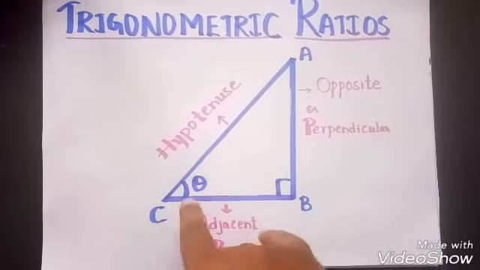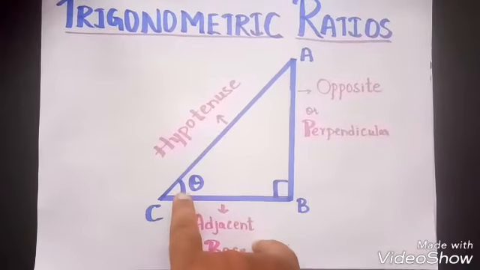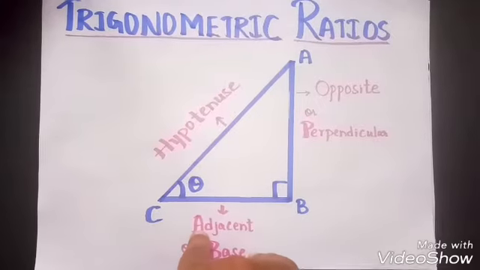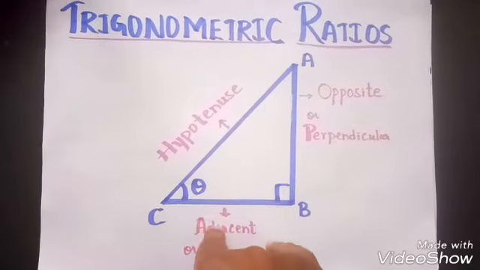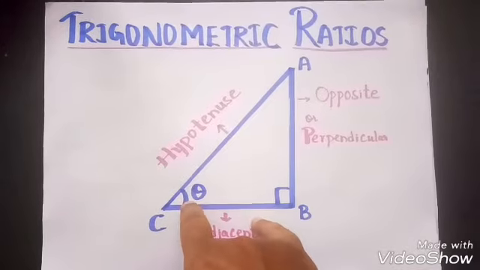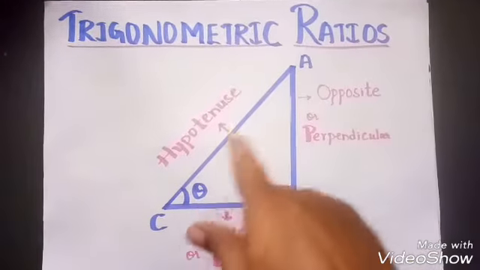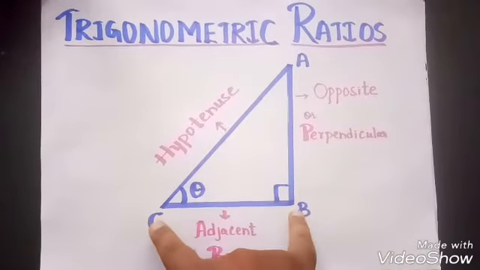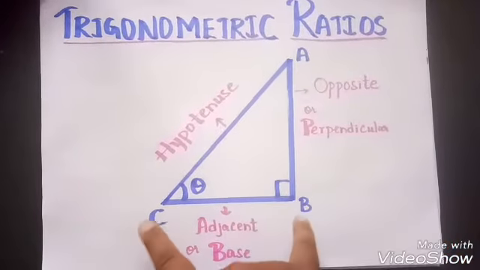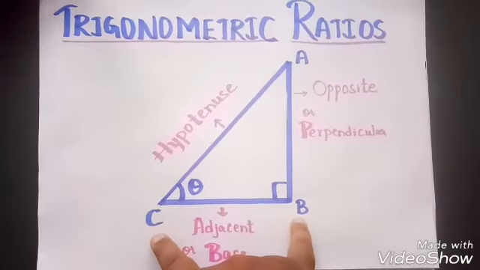The side which is just beside the angle theta, we call the adjacent. Adjacent means the side on which the angle theta lies. In triangle ABC, we can take this side BC as the base. This is the perpendicular and this BC we take as the base.